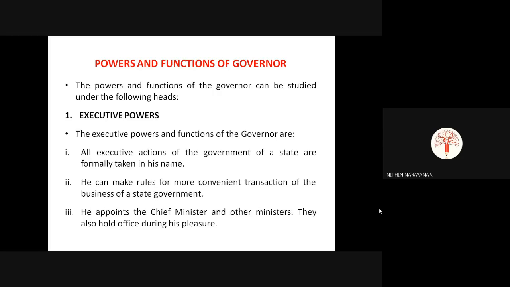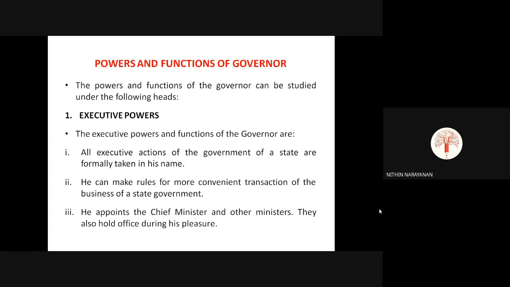The executive powers and functions of the governor are: all executive actions of the government of a state are formally taken in his name. Like what the president does at the center, the same power the governor has in each state. He can make rules for more convenient transaction of the business of the state government.